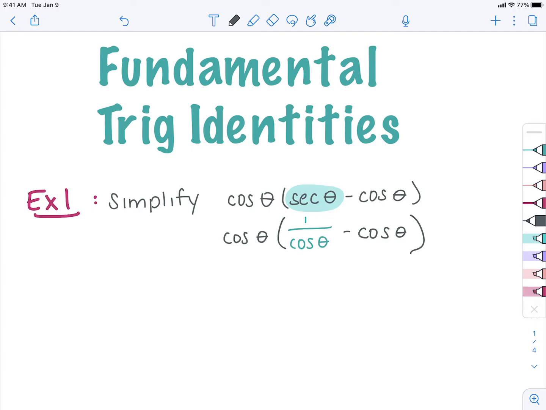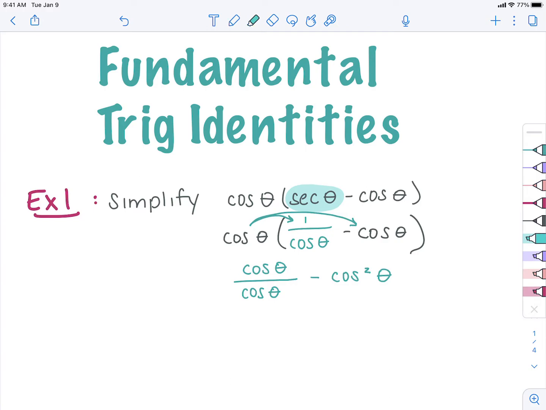So I'm going to take this cosine that's outside and I'm going to bring it in to both of my trig functions on the inside of the parentheses. When I do that, I end up with cosine theta over cosine theta minus cosine squared theta.